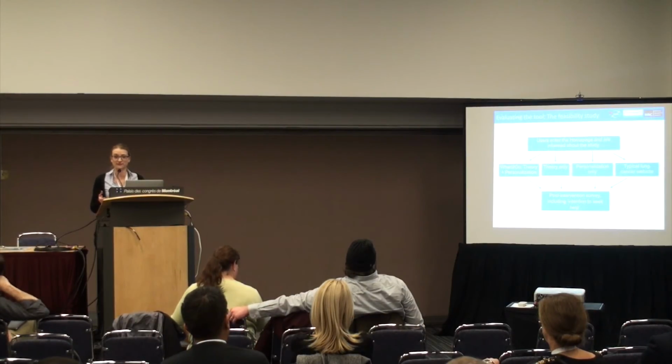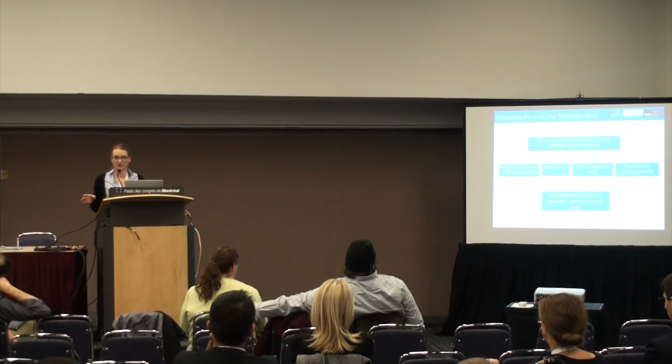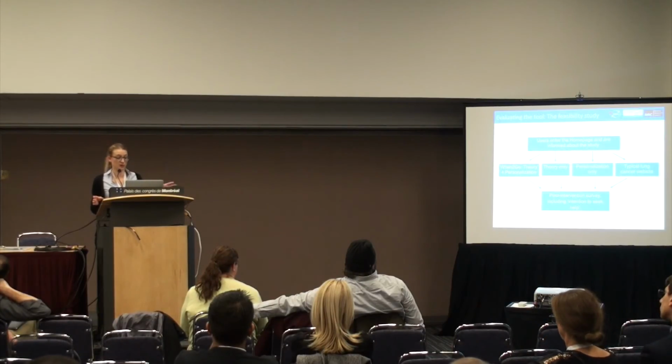So how did we test if this personalization and theory components are effective? So our basic study design is that users enter our homepage and are then randomized to one of 4 experimental conditions. One is our tool, which I just described to you, which is called When to Go.